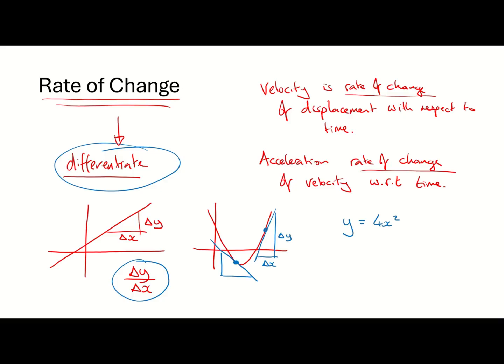So if we're going to do this algebraically using calculus or differentiation, we don't use change in y over change in x anymore. We use very similar notation, but it's dy over dx. Okay, so you can see that looks really similar to this. It's just that I've got d's instead of those triangles. So delta y over delta x is now dy over dx, and we need to differentiate to work out what this is.